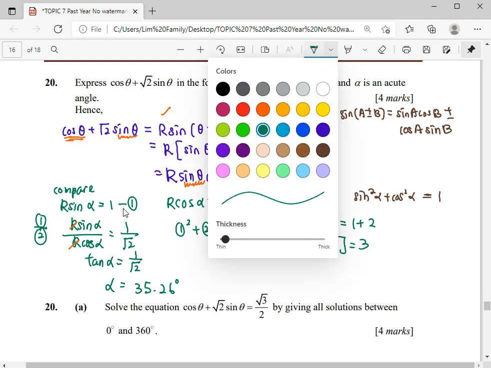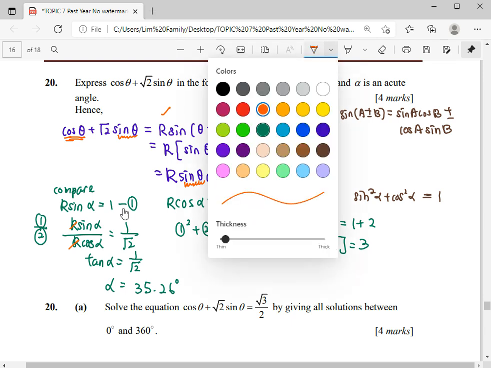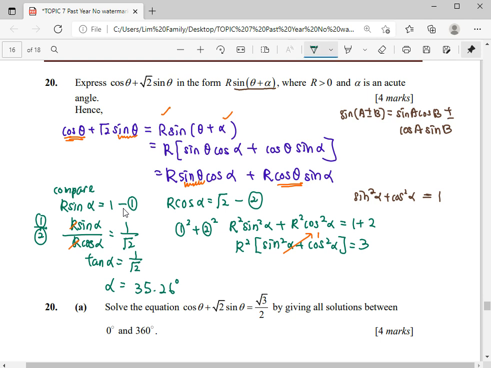This sine square plus cos square equals 1. Therefore, we get r square equals 3, so r equals square root 3. They want the positive value only, so we don't express the negative square root 3. So this is how we get our alpha and r.